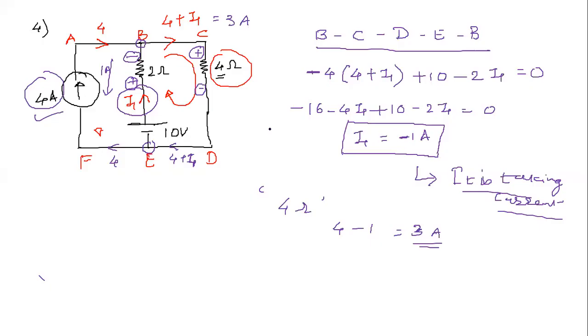Try to read Cramer's rule if you are solving 3 simultaneous equations. I hope you all know how to solve simultaneous equations, but there will be 3 loops, 3 unknowns, 3 equations. If you are comfortable with Cramer's rule, you'll know how to solve the 3 loop problem.